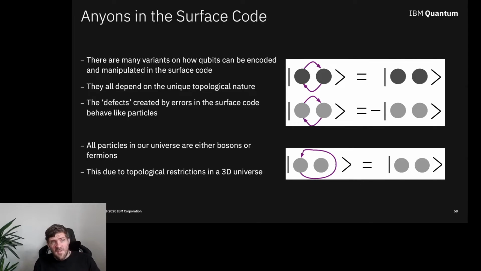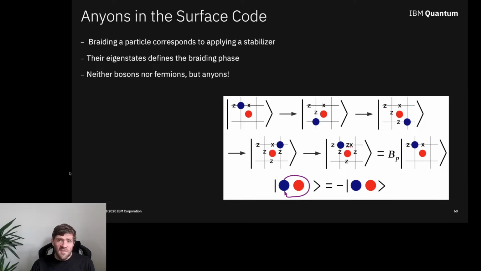If you were to take one of the particles that is created on a plaquette and one of the particles that's created on a vertex, and you move one of them around another, your wave function will acquire a phase of -1, which is something that doesn't happen for bosons and fermions. It can only happen for particles that live in a 2-dimensional universe, which is what the surface code essentially is. So there's some interesting topological stuff that goes on in this code as well. Here's the maths of it that I'll leave on screen for a moment.